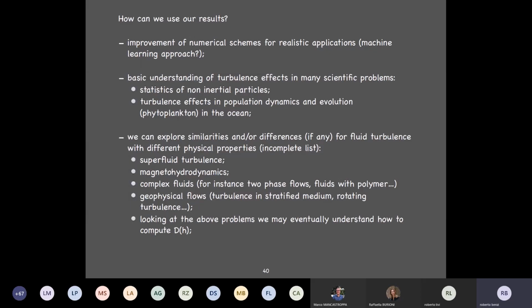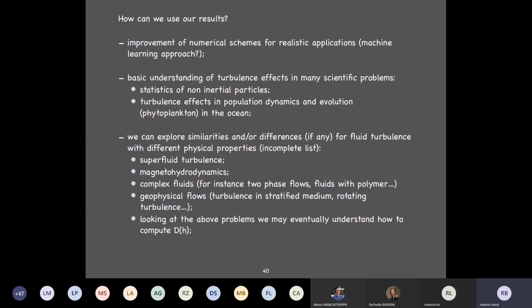We have the possibility to understand from a basic point of view many scientific problems. I will cite only two of them because these are the ones I like more, but there are many of them. One is the statistical properties of inertial particles, which is non-trivial because it's important for many geophysical and industrial applications.